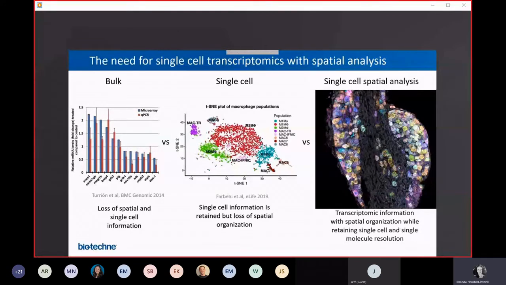But these cells are distributed according to their whole transcriptome correlation distance, rather than how they're physically arranged in space. In the rightmost panel here, you can see RNAscope data, where now we can see the actual transcripts, the actual RNA molecules with single-cell resolution in the tissue morphological context.